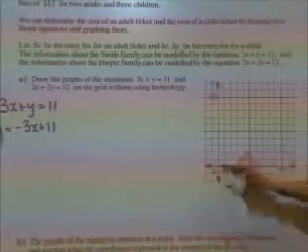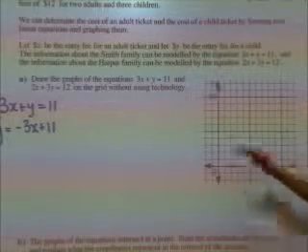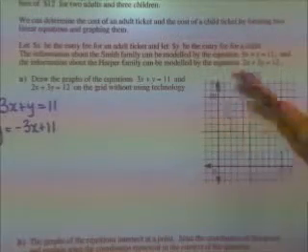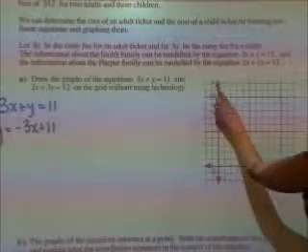So now I have a slope and a y-intercept. The y-intercept is 11, and the slope is -3, which means I go down 3 and over 1, and I get a series of points that I can join with a straight line. It is important that you're using a ruler to draw these so that your lines are straight. And if you need a ruler, put up your hand and I will give you one.